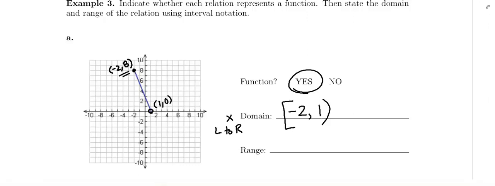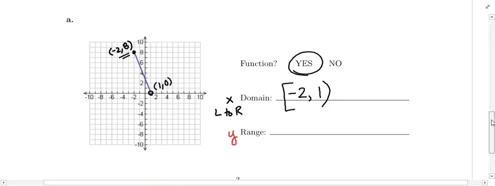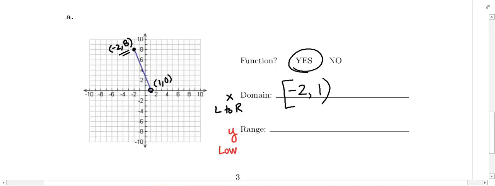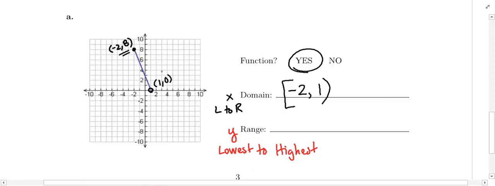All right, moving on to range. We're going to be writing down all the y values that this graph covers. We have to work from lowest to highest. If you pinpoint the lowest point on the graph, it's the open circle, 1, 0. You need to write down the y value of this point since we're dealing with range.